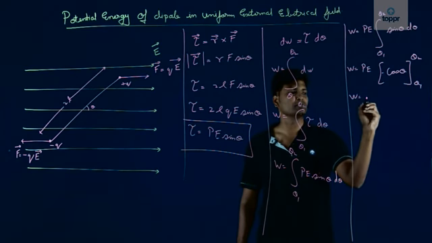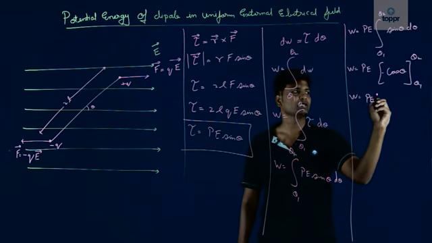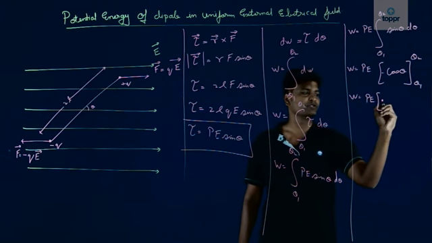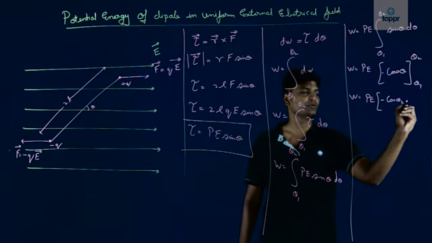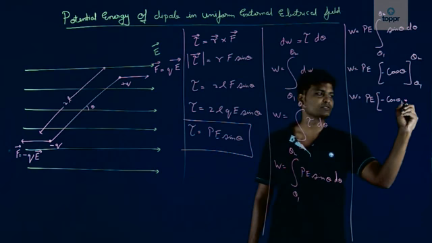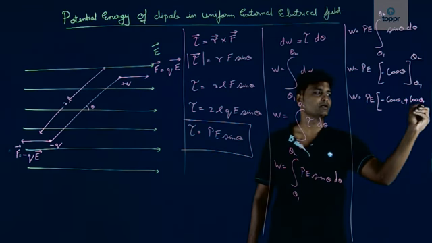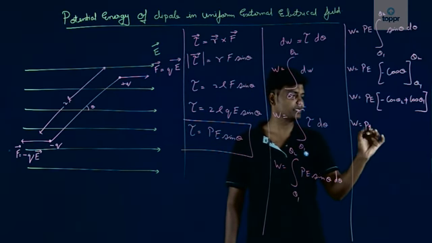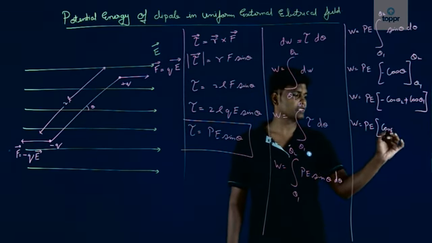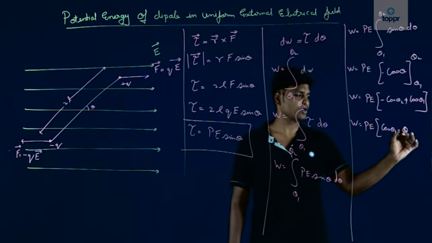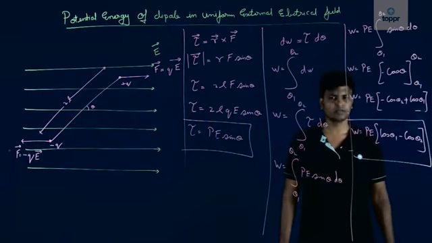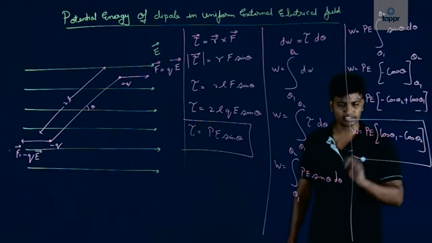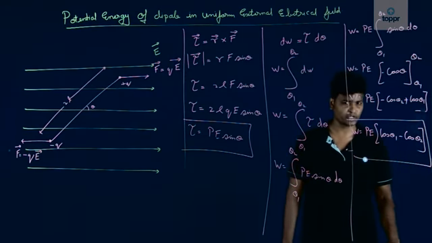So W is equal to P into E, upper limit first, minus cos theta 2 plus cos theta 1. So finally we have W is equal to P into E, cos theta 1 minus cos theta 2.